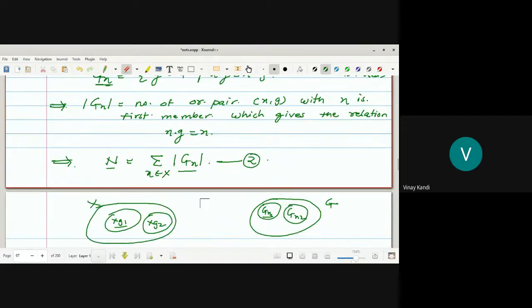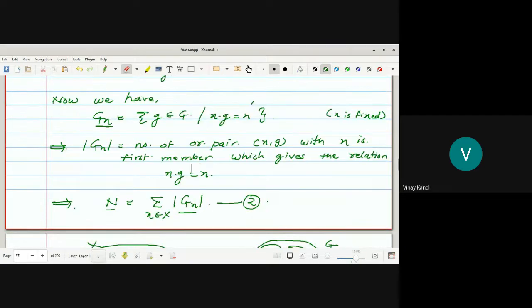Okay, that means n is equal to summation order of Gx. The meaning of both is the same, note that, the meaning of this set. Which one? Is Gx and what? Gx and Xg. But this one is a subset of capital X, and this one is a subset of G. There is only a slight difference.